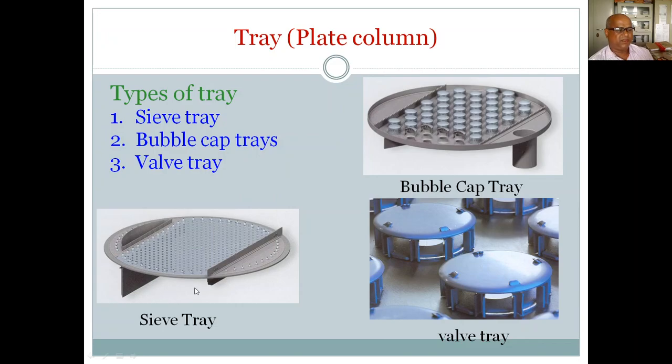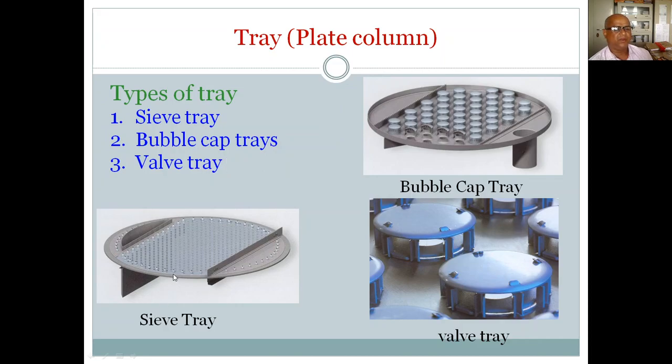Now, in this tray, if the gas flow rate is too high, then what will happen? The pressure drop will also be high. Then, if the pressure drop between two trays is higher than the liquid holdup, the liquid will move upward.